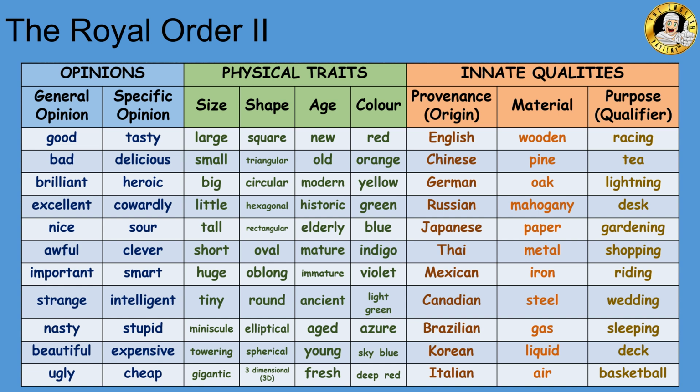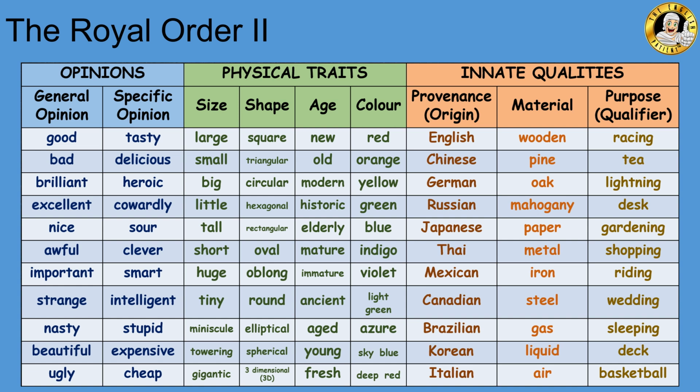For example, good, bad, brilliant, excellent, nice, awful, important, strange, nasty, beautiful, and ugly. They can all be used really with any kind of noun. An ugly idea, a good cup, a brilliant person, a strange idea. So they can be used with anything. So they will come first, and then specific opinions next.